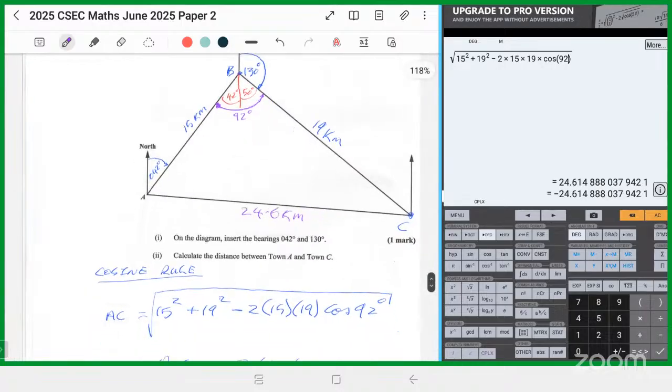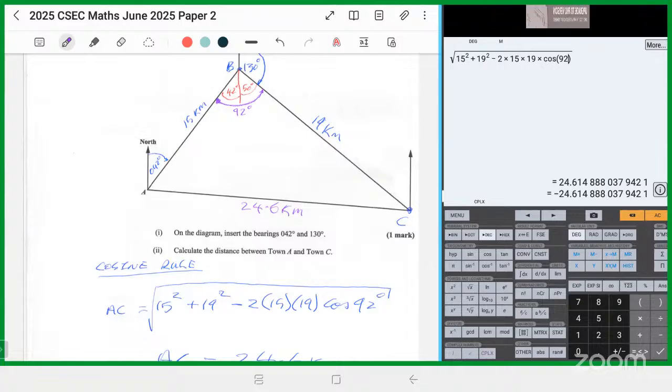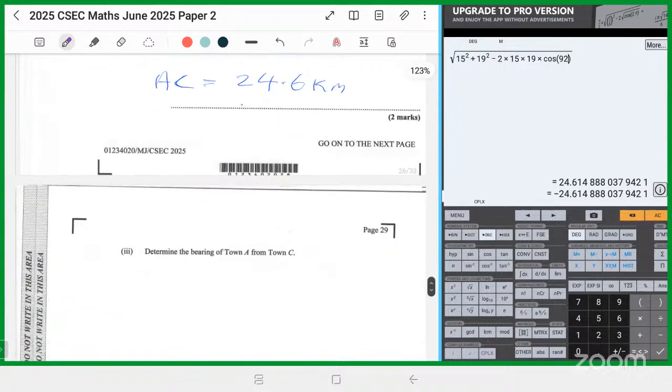Let's see if we put in those figures right. 15 squared plus 19 squared minus 2 times 15 times 19 times the cosine of 92. That is 24.6 kilometers. Next question said determine the bearing of A from C. So always note that the bearing is taken at the from position.